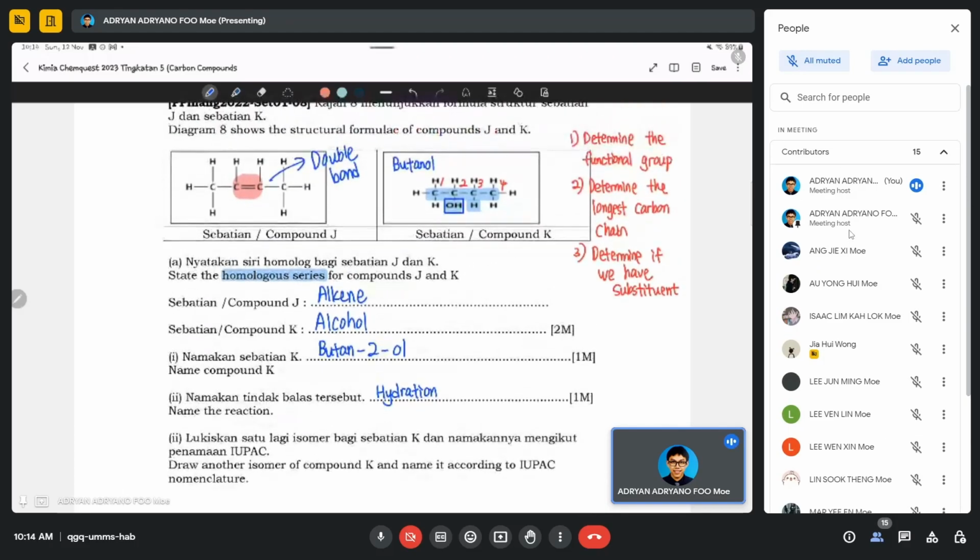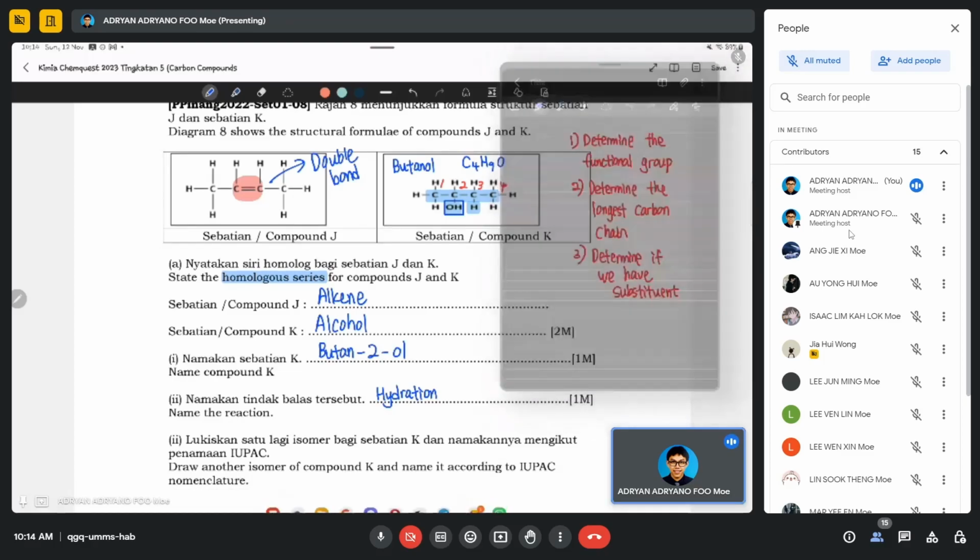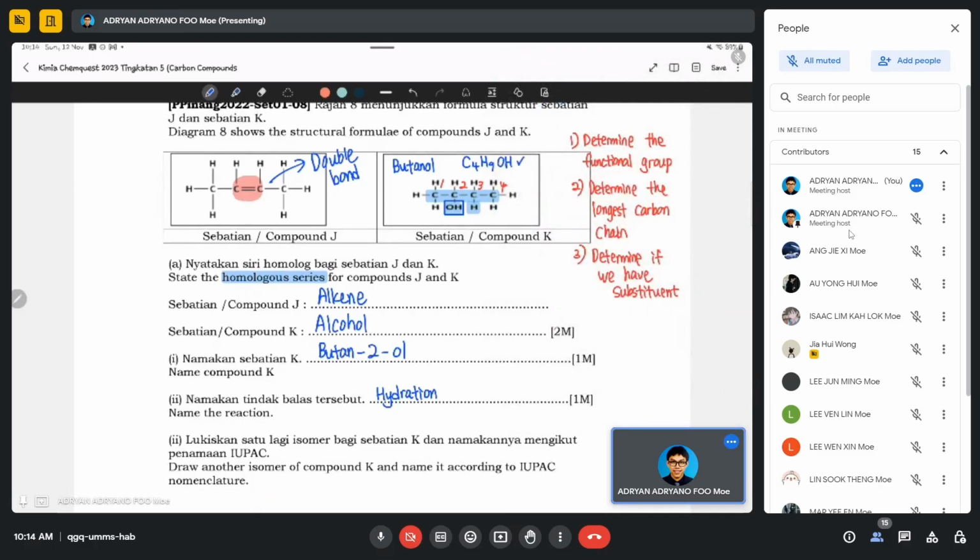So 我们知道在这里我们有4个 carbon, okay? And then 我们有1, 2, 3, 4, 5, 6, 7, 8, 9, 9个 hydrogen, then 1个 OH. This is the molecular formula. So when we draw the isomer, we must make sure that the molecular formula must be the same. 一定要一样的 molecular formula. So here C4H9OH.